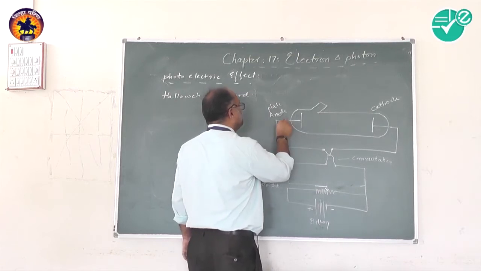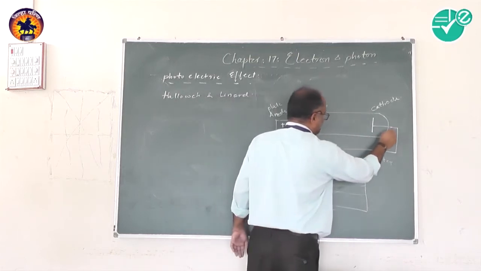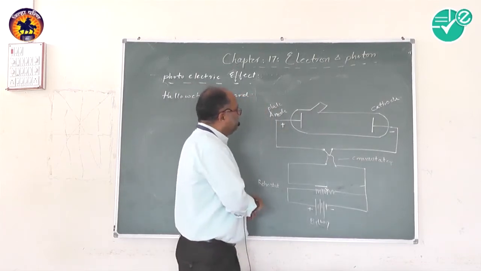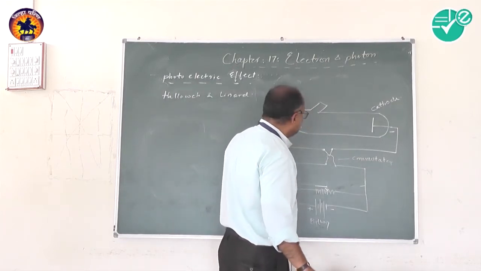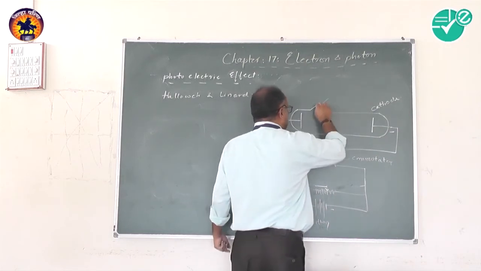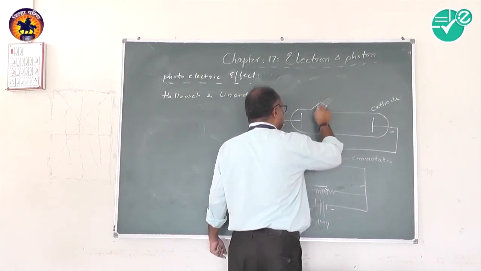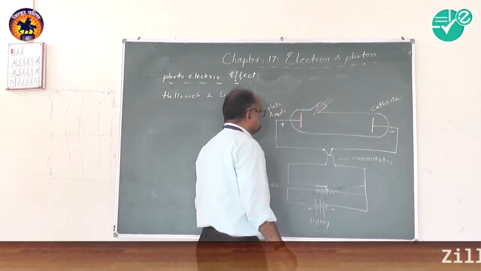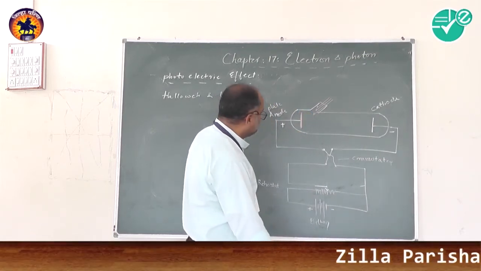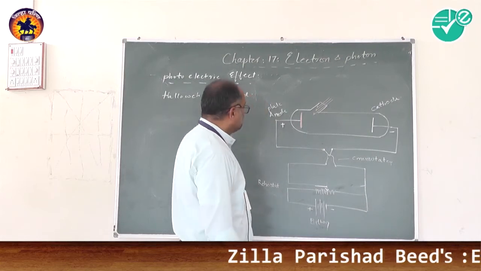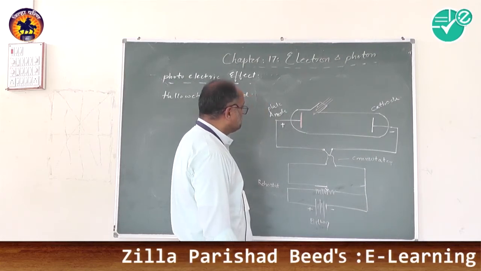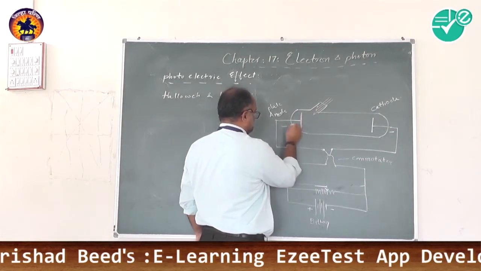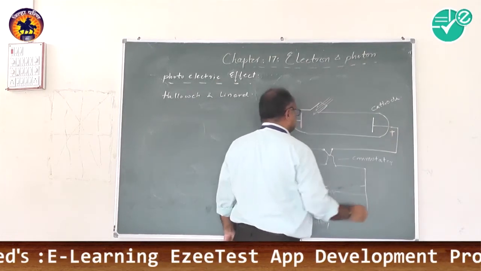Initially the anode is given a very high positive potential and the cathode is given the negative potential. Now look what happened. From this window, ultraviolet radiations are incident onto the surface of the cathode.